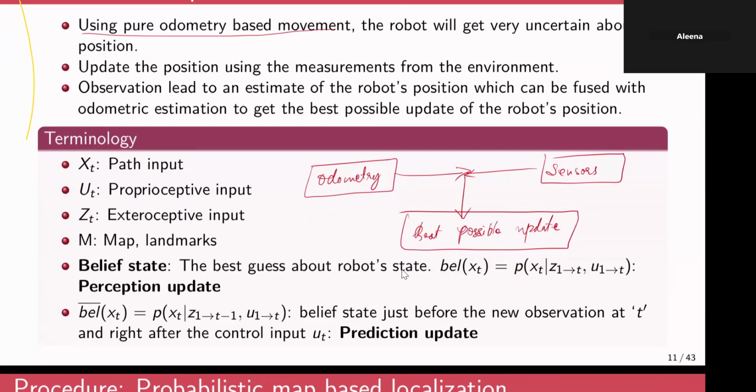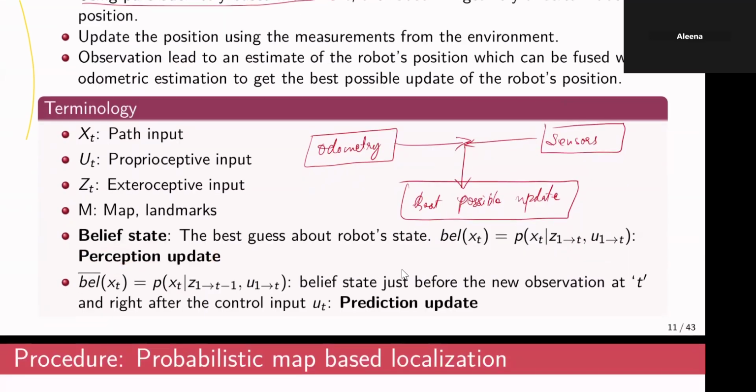That is what we call the belief state. We also call this a perception update because we also rely on the external sensors.